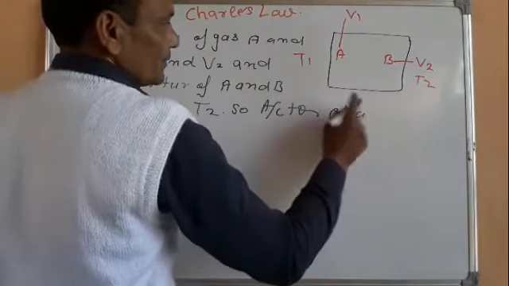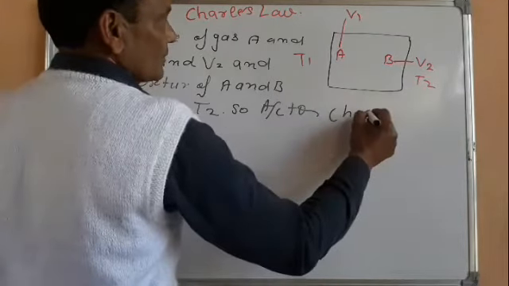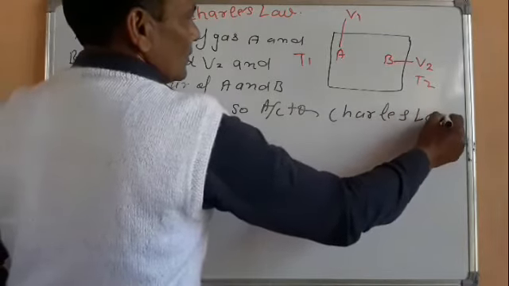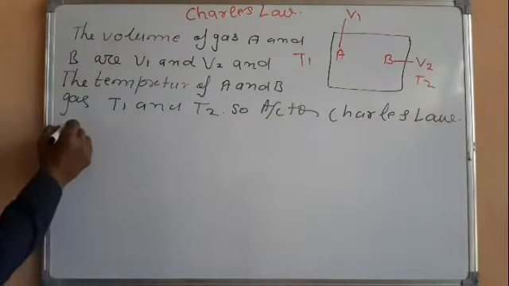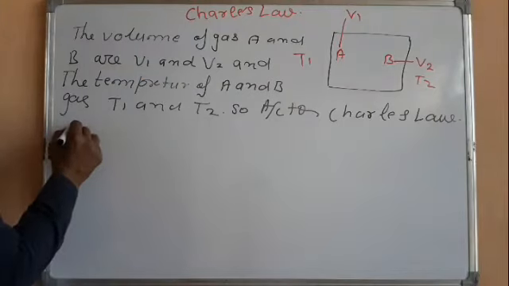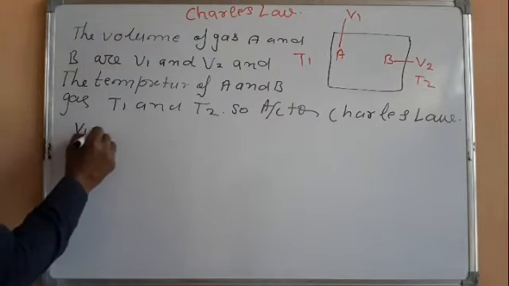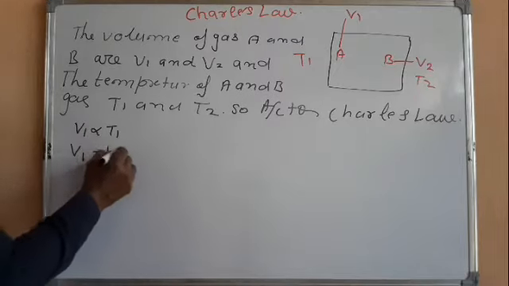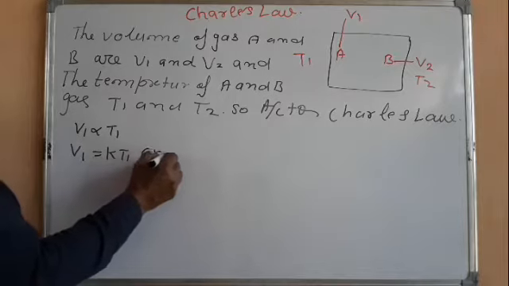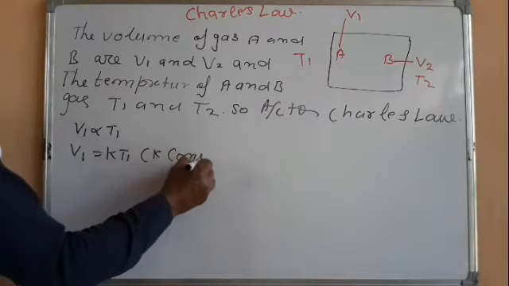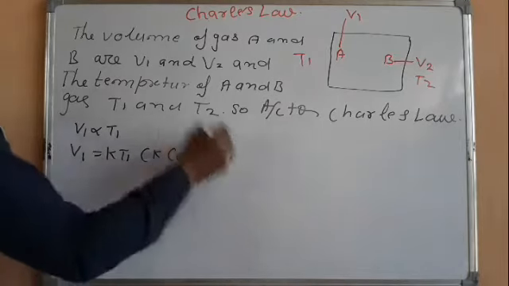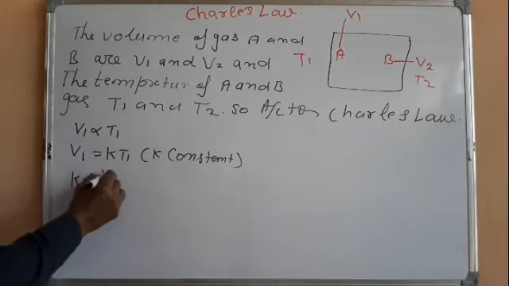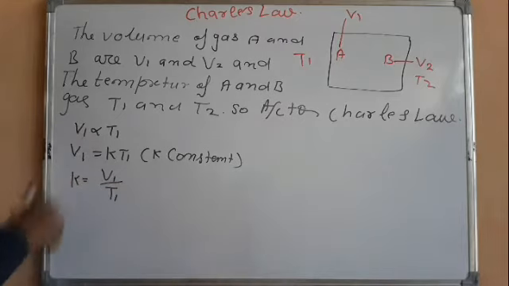So according to Charles law, firstly, for first gas, V1 proportional to T1. V1 is equal to K T1. K is a constant, and K is equal to V1 upon T1.